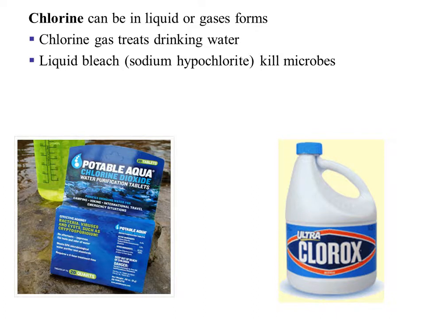Another halogen is chlorine. Chlorine can be in liquid or gaseous forms. Chlorine gas treats drinking water, and in liquid form, it is in bleach, sodium hypochlorite.